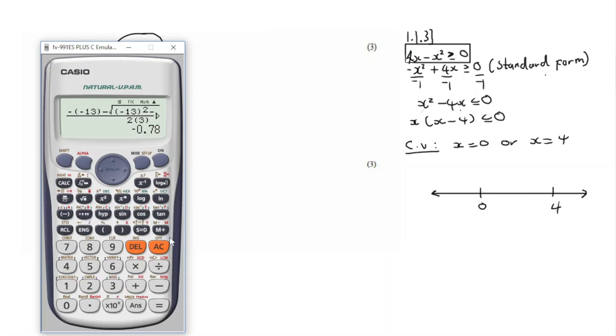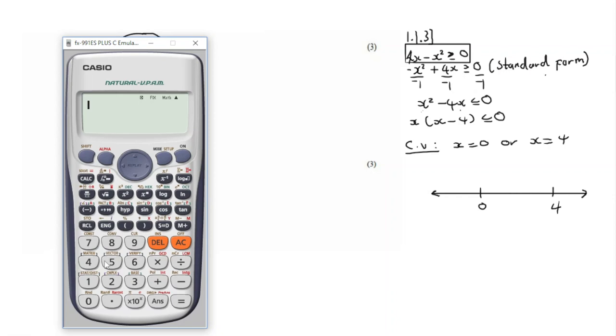Let's go back to our calculator. I'm punching in this formula, the x. The first x we will use is a value that's greater than 4. A value greater than 4 can be 5, 6, 7. Let's use 6 in this case.